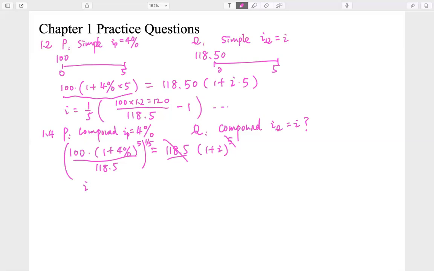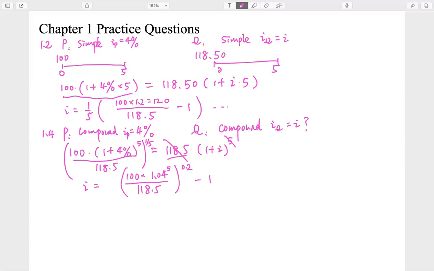So finally, subtract 1. So it's 1.04 to the power of 5 divided by 118.4, then take power of 1 over 5, which you can write as decimal, 0.2, minus 1. Okay, then you get the result.